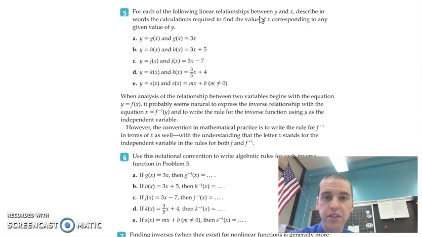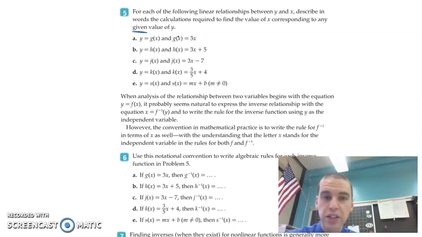For each of the following linear relationships between y and x, describe in words the calculations required to find the value of x corresponding to any given value of y. So we have to solve for x. So what would we do here? Well, I'll do this first one. You guys are going to do B, C, D, and E.